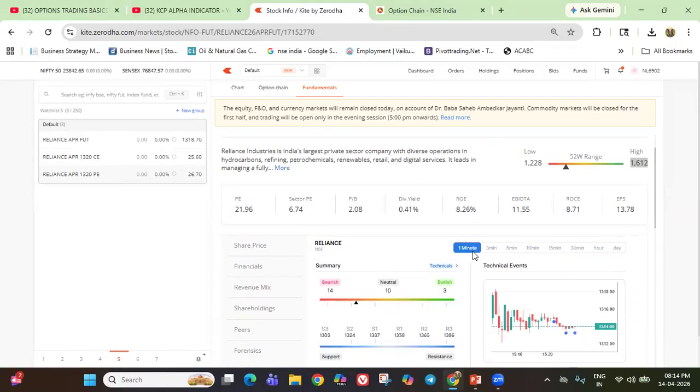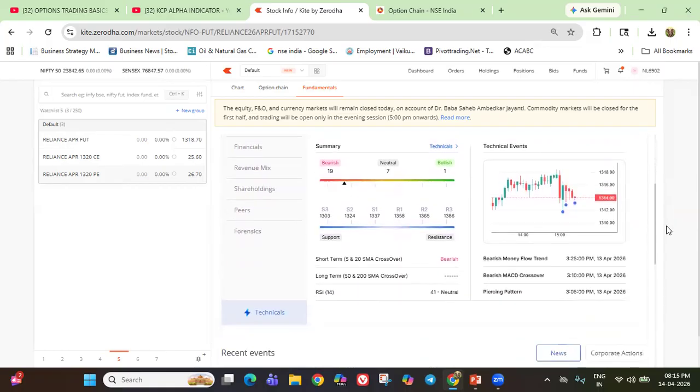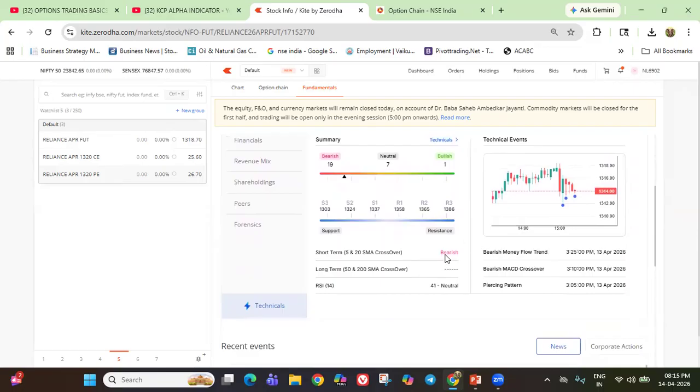I can modify it into 1 minute, 5 minute. 5, 10 and 15 minutes are very good. Here you can see a bearish symbol, and out of nearly 20 symbols given, the technical analysis averages negative, that is bearish. So automatically the market is right now on the bearish side. This is the way to understand the market.